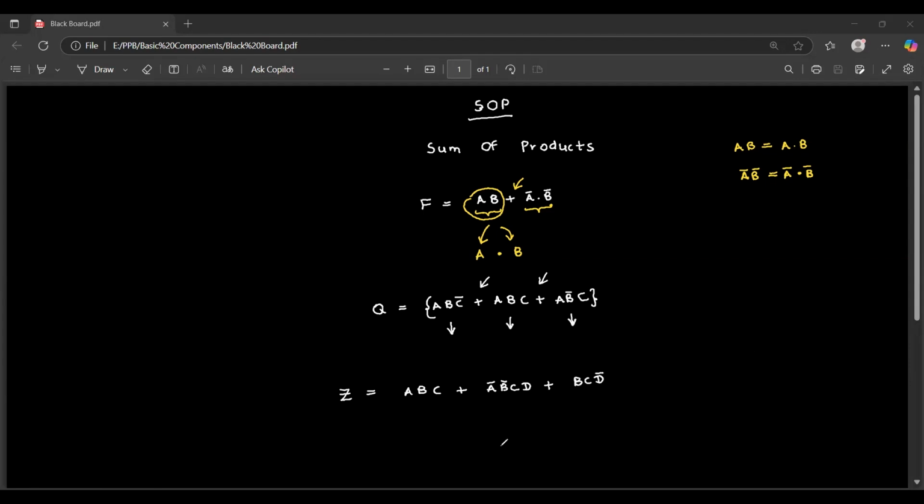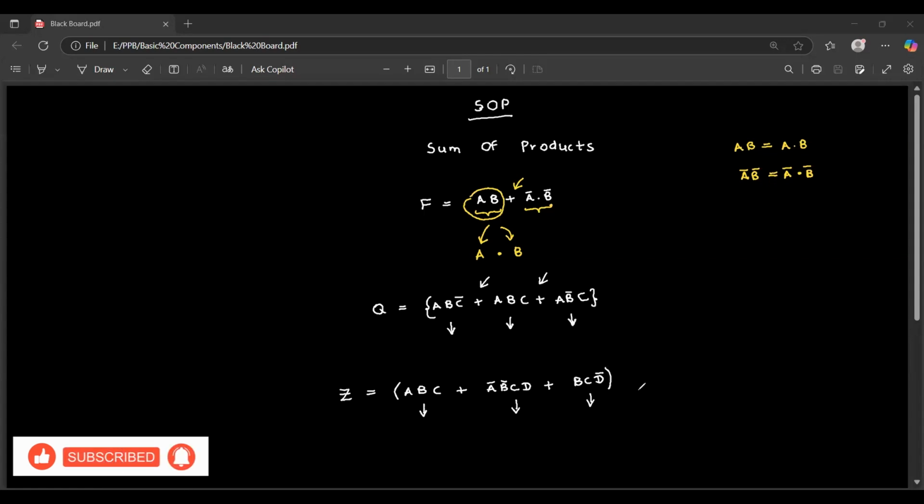If you look closely, here also we have the sum of products form. This is a product of three signals, this is a product of four signals, this is a product of three signals, and everything is summed up by using two OR gates. So this is one of the standard forms, the sum of products form.